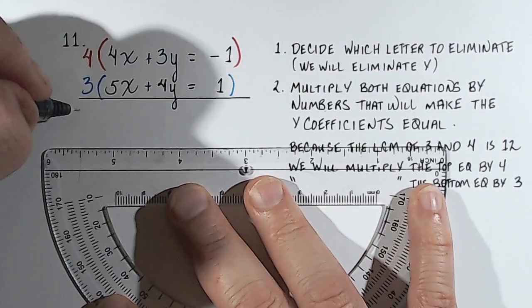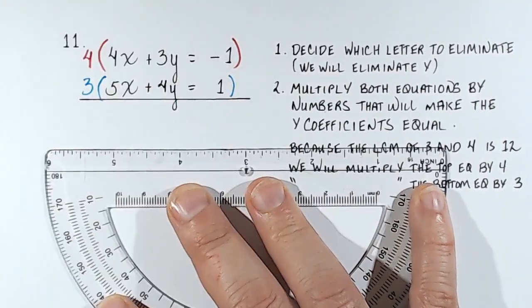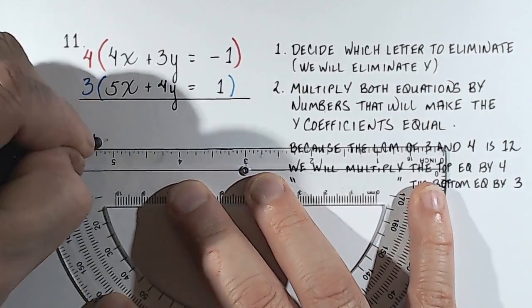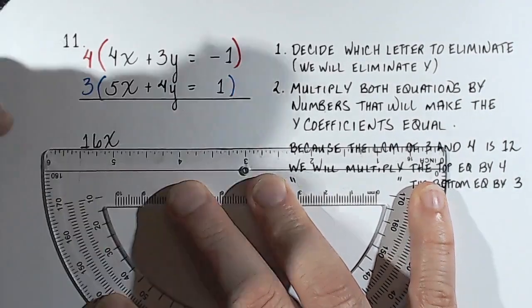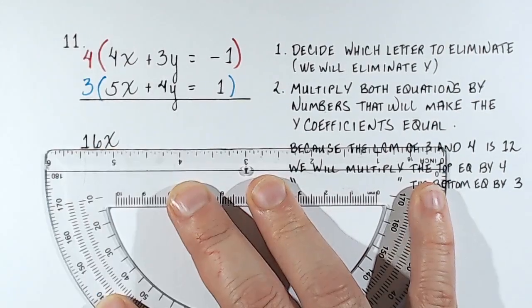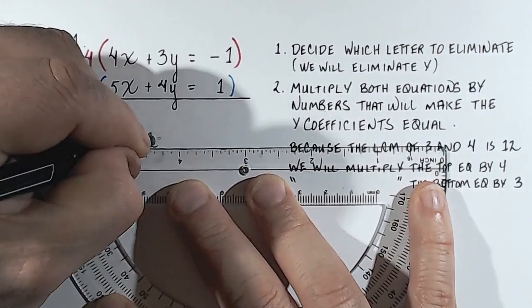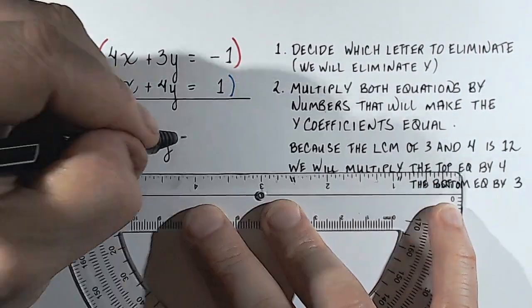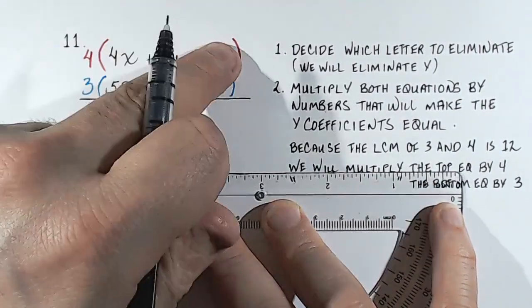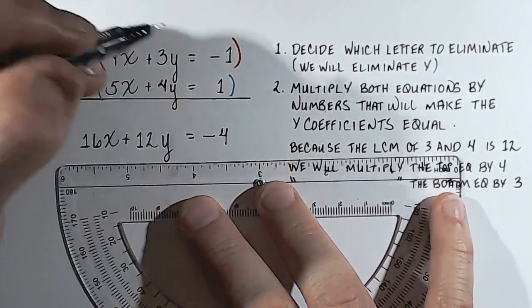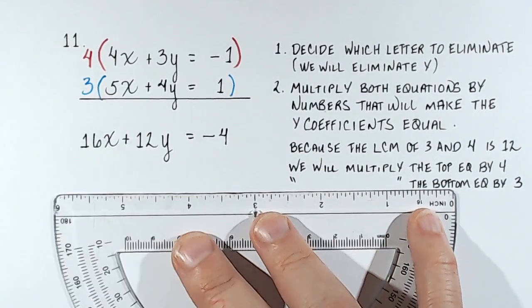So we have 4 times 4x, which is 16x, 4 times 3y, which is positive 12y, and that's going to be equal to 4 times -1, which is -4. And now I do the bottom.